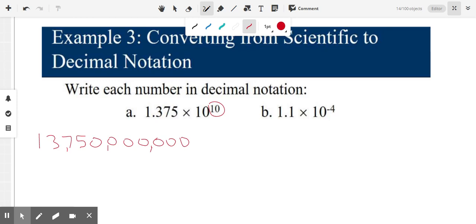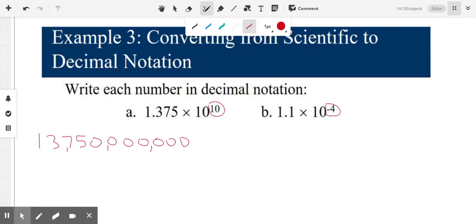Now, when it's a negative number, that means we move the decimal back the other direction that many spots. And remember what we said earlier: that doesn't mean there's going to be 4 zeros. That means there's going to be 3 zeros and then this 1, because that 1 takes care of one of my movements.